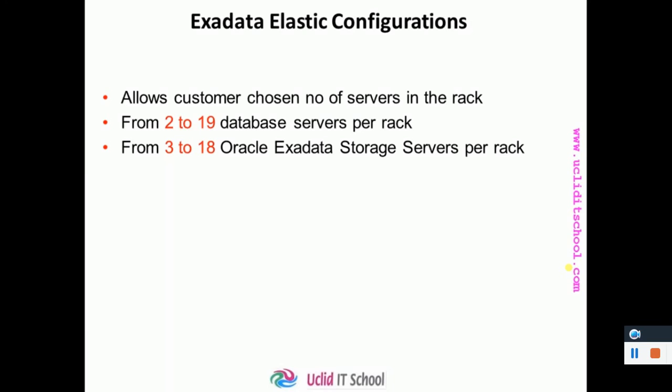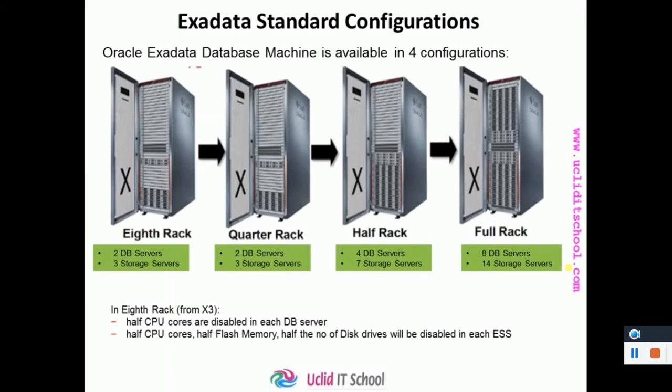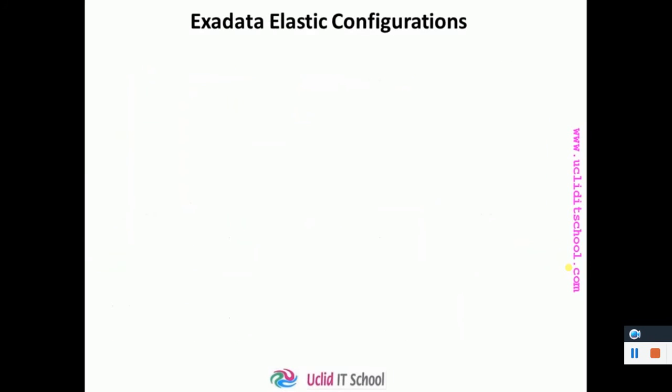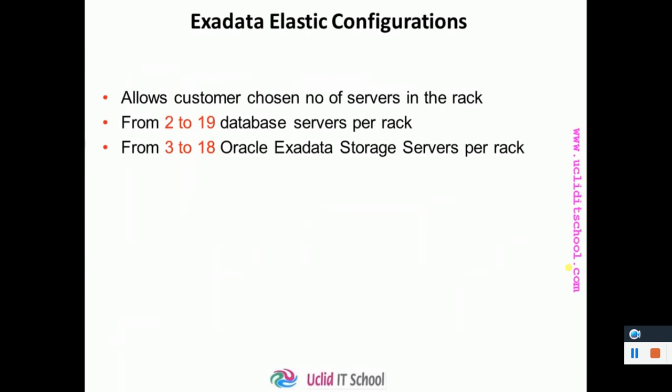For example, with elastic configuration, a customer can choose 5 database servers and 10 storage servers. This is not available in your standard configuration, 5 and 10. So that way, now customers have more flexibility. This concept of elastic configuration was introduced starting with the X5 version.